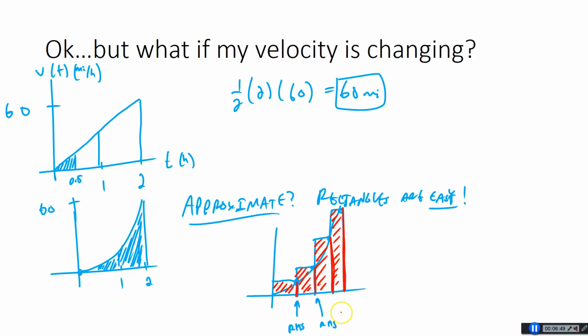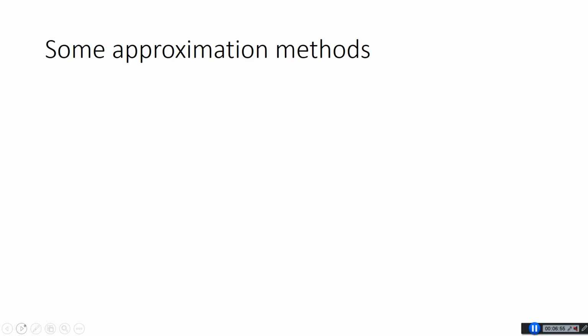So there are 3 different rectangle methods that we're going to learn about today. The first is called RRAM. That's the one we just looked at. It's the right side Riemann approximation method.